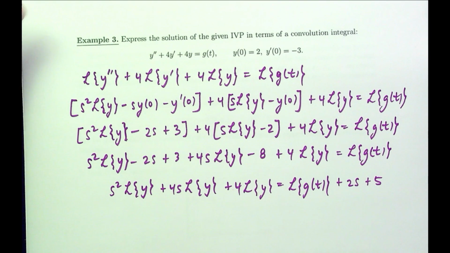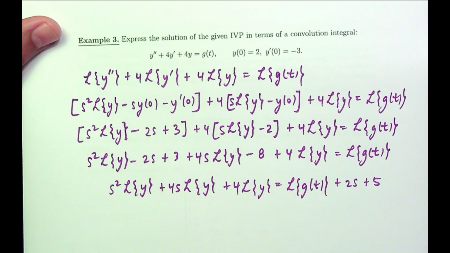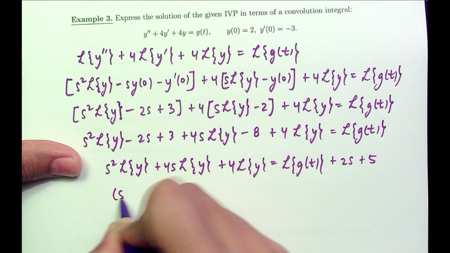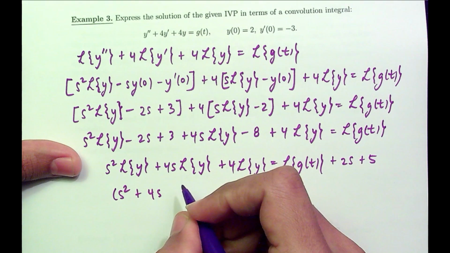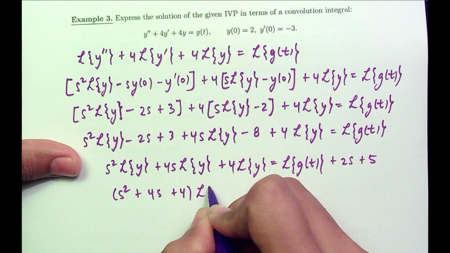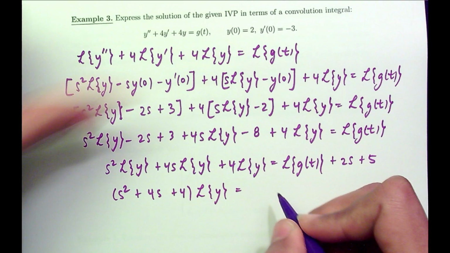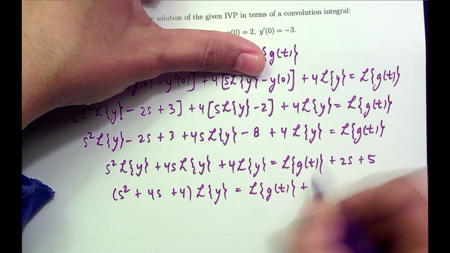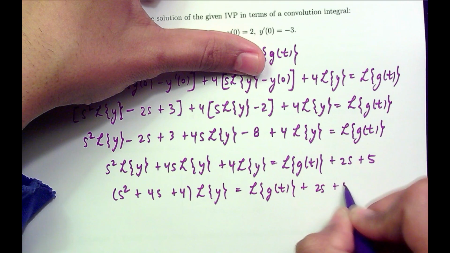Now factoring out the Laplace transform of y, because it's a common term for all of these, this is s squared plus 4s plus 4 times the Laplace transform of y equals Laplace transform of g of t plus 2s plus 5.